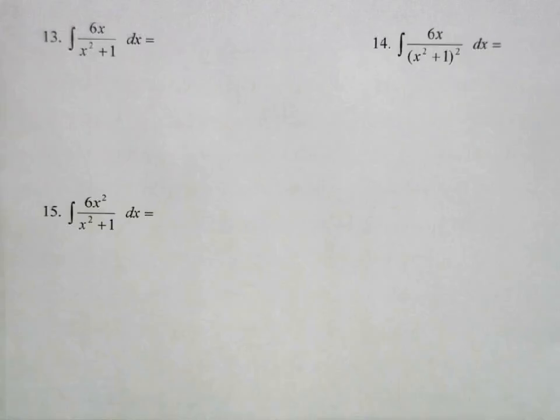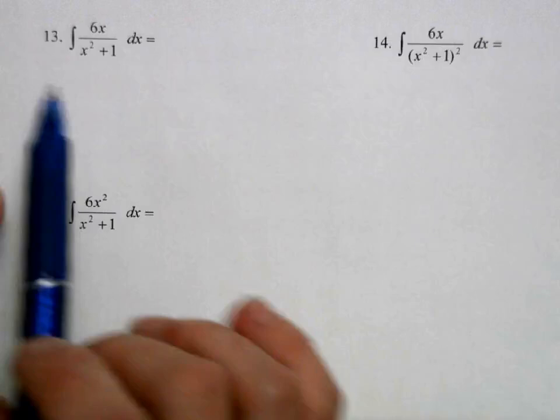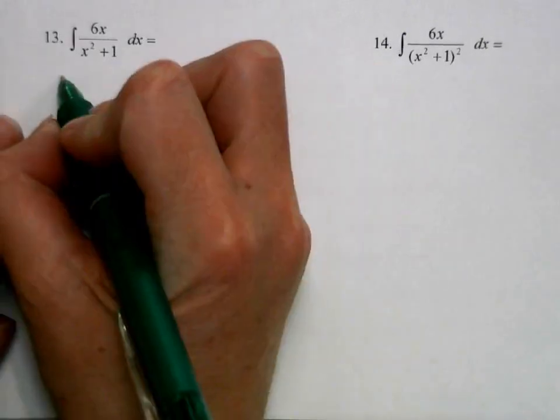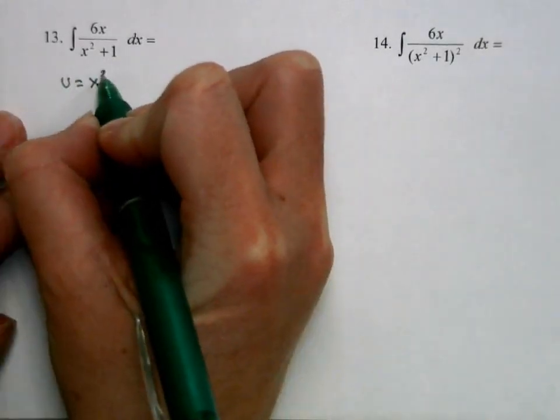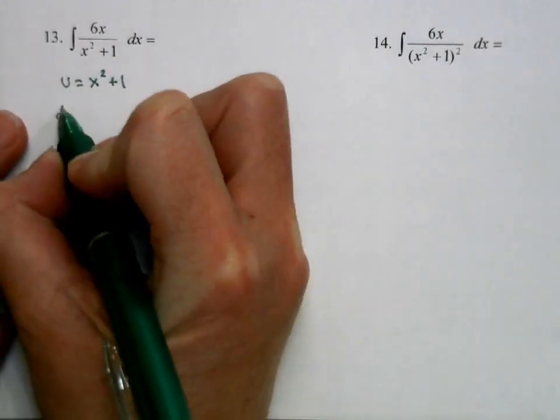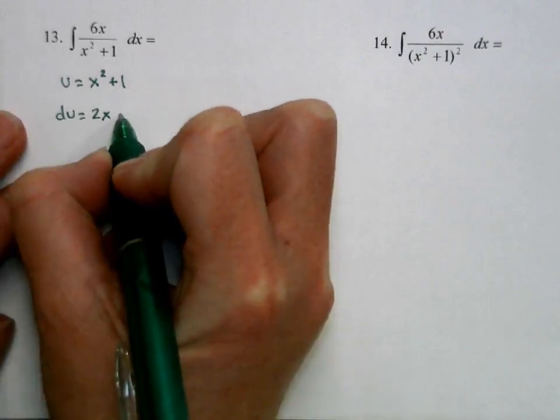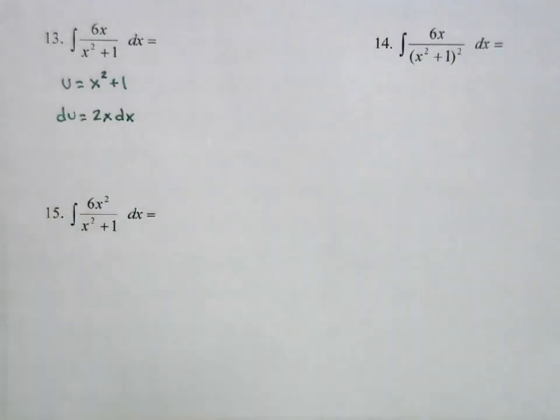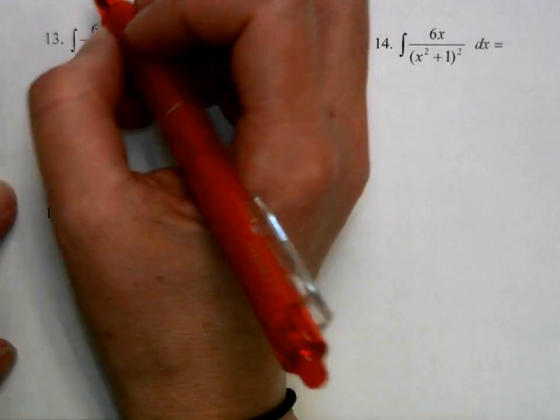Okay, so looking at these next three, they all look very, very similar. There's little changes. This one I can do a u substitution. Well, my 6x would be the same as 3 times 2x.